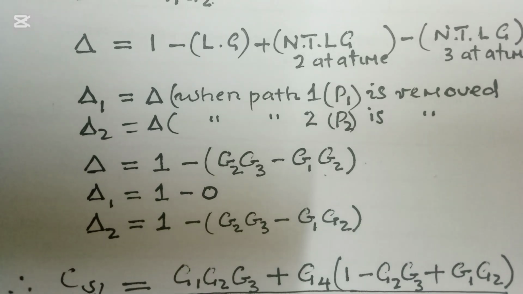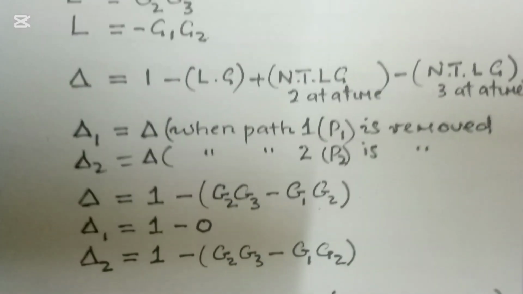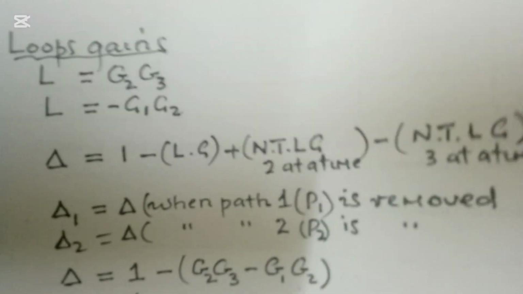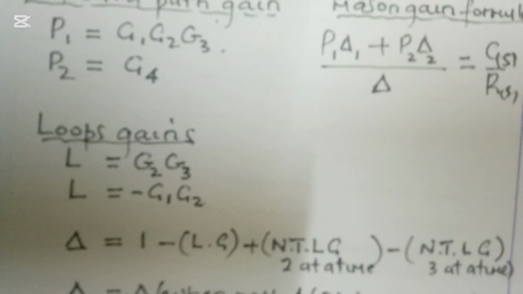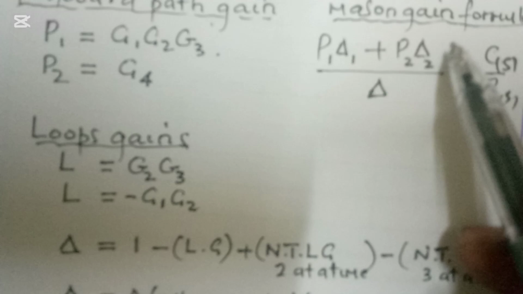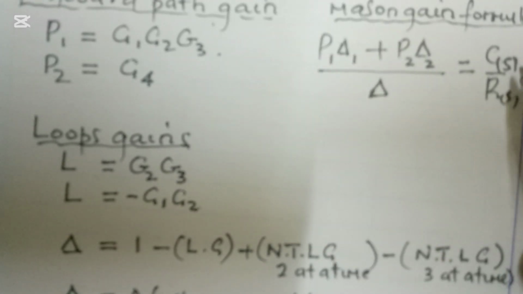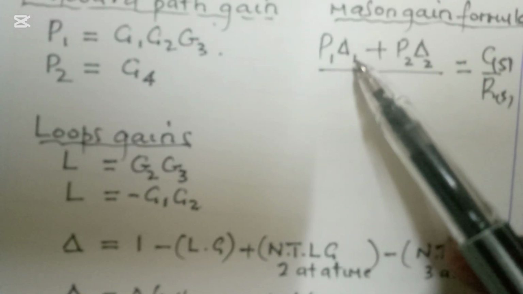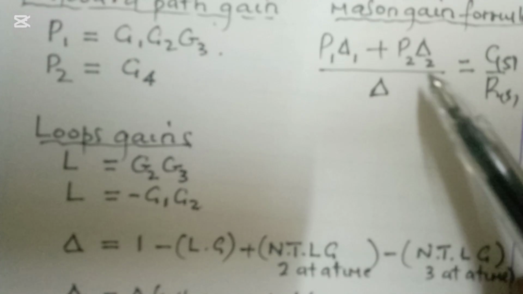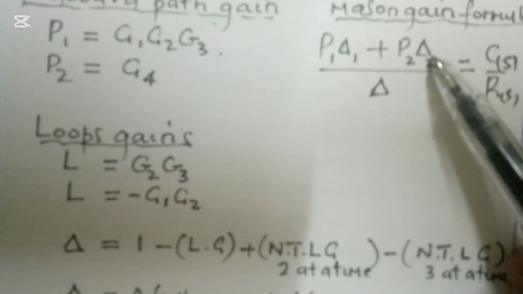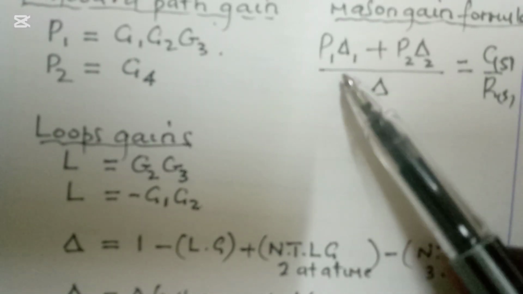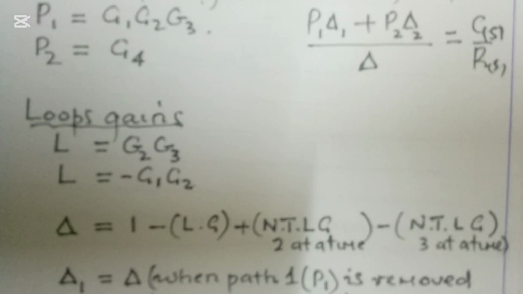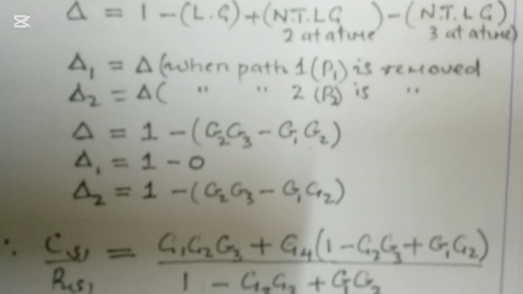And so therefore, guys, now we come to the equation. Our equation here, as we have seen, is actually for finding the control ratio, or C(s) over R(s), which will be P1. We write P1, we write delta 1, which is 1. P2 we write, and delta 2 we've already been given, and the delta we have. And this is now our solution, guys.